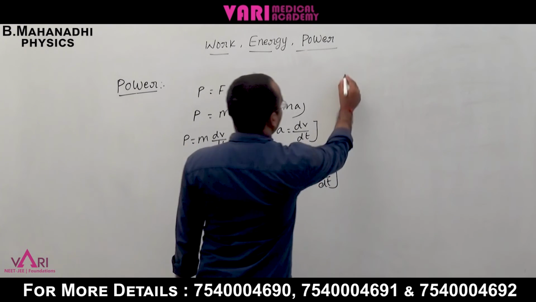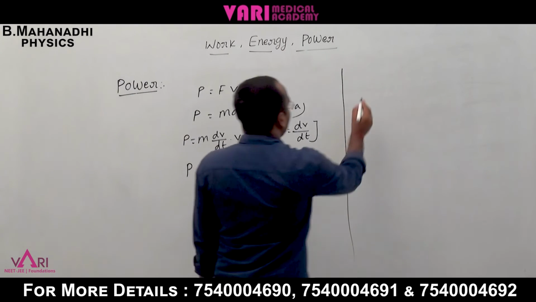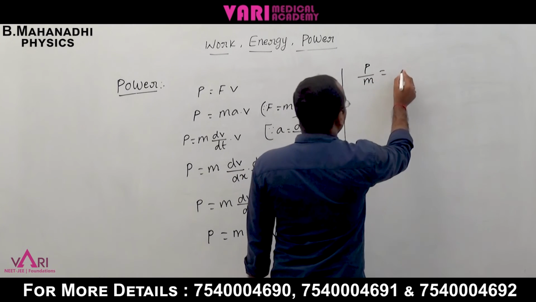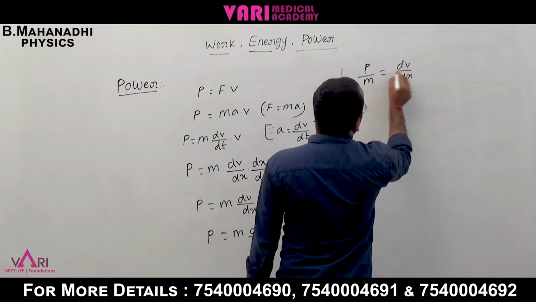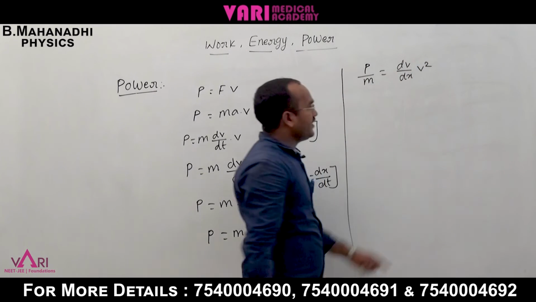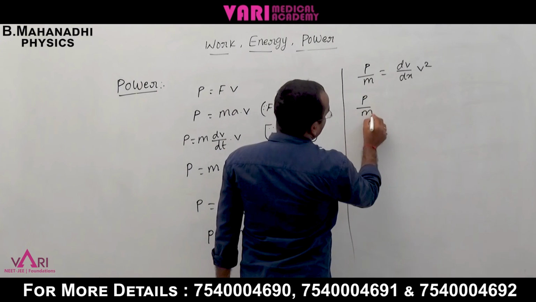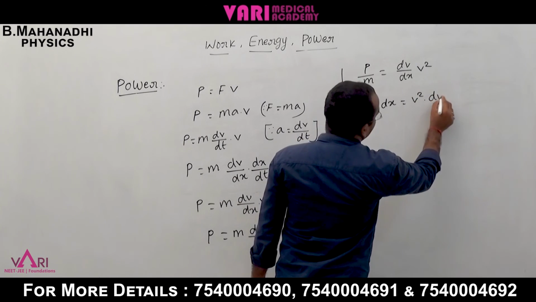Now m is moved to the left side, so p by m is equal to dv by dx into v square. Now dx is moved to the left side: p by m into dx is equal to v square into dv.